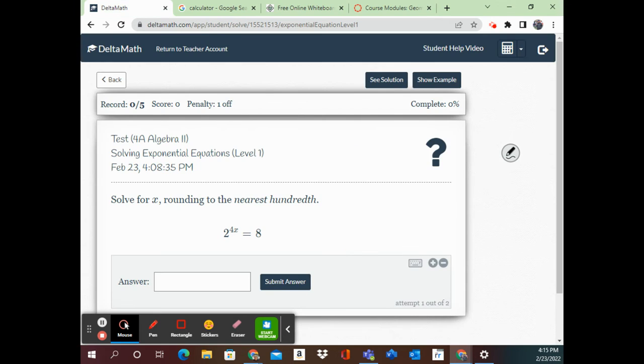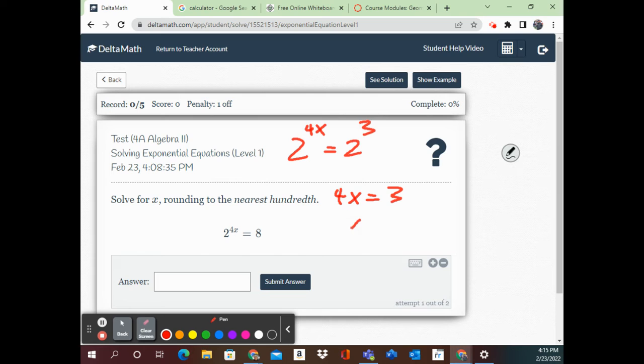Now let's go to Delta Math to figure out how we want to approach these problems. So now we have 2 to the 4x equal to 8. We remember from earlier that 8 is 2 to the third, so 4x is equal to 3, and x is equal to 3 over 4. I can still use my logarithms here, so it doesn't hurt to use them if I want to.